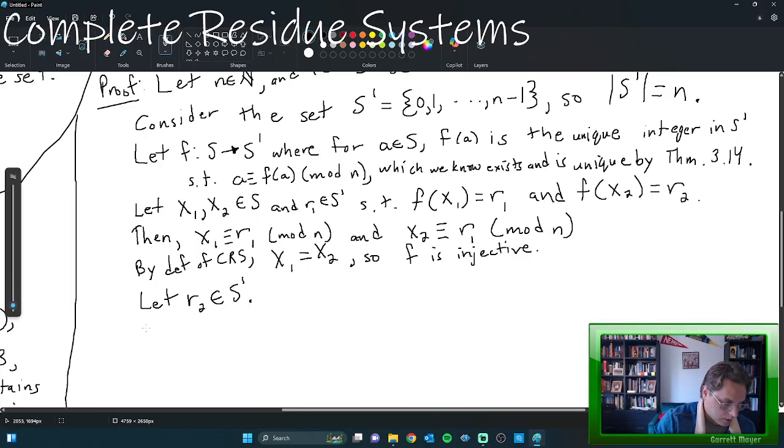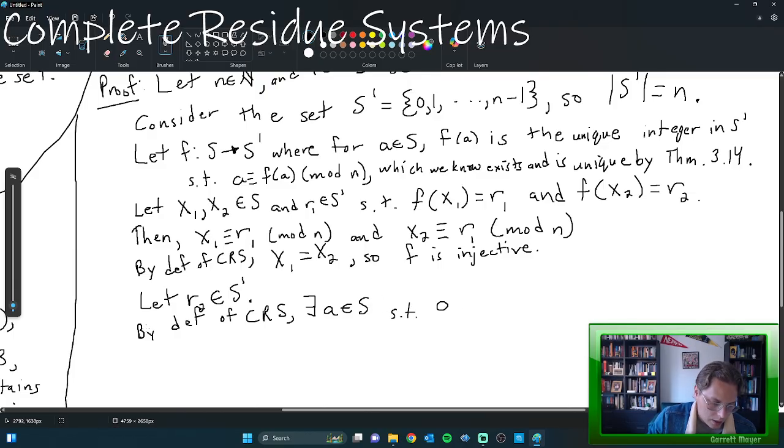So once again, by the definition of CRS, there exists an A in S such that A is congruent to R2 mod n. And what that means is that f of A equals R2. So f is surjective.